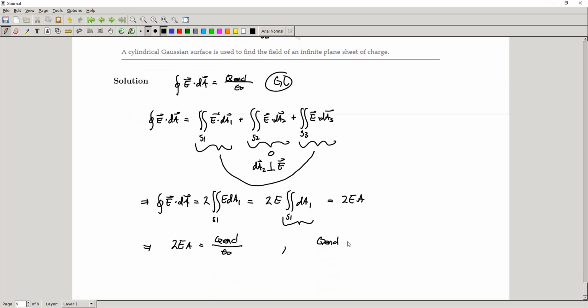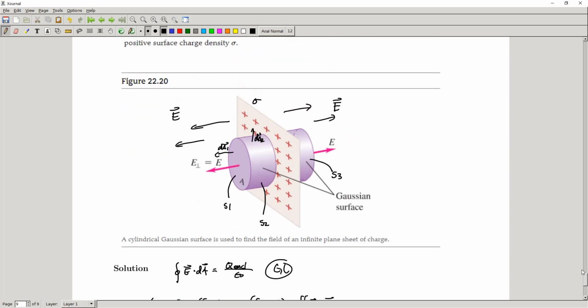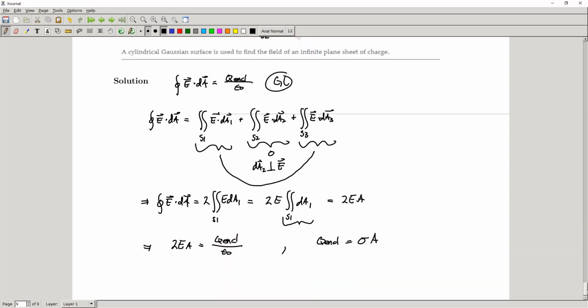So that's just going to end up being sigma times A, right? Because A that we have here is the area of one of these circles, but that's the same area as we're enclosing on the surface, right? We can imagine that this is just the surface here, and this is the amount of charge that we're enclosing, right? So that Q enclosed is going to end up being sigma A.